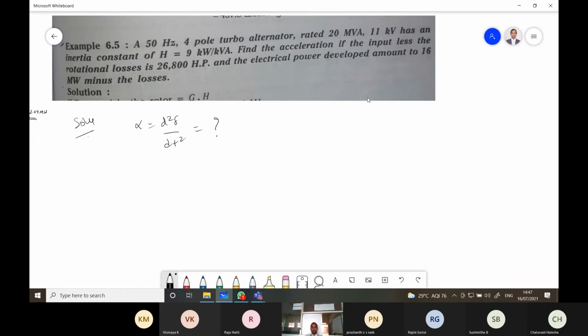You know the swing equation. You know what is K? K is equal to G into H. So what is your G here? 20 MVA is G. And what is your H? 9 kilowatt per kVA. So that is 9. This total is equal to 180 megajoule.